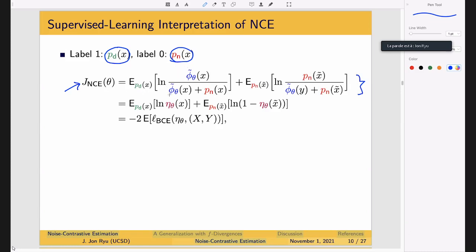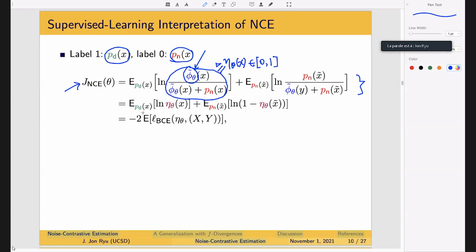And if you define eta theta x by this, which is, by the way, between 0 and 1, here phi tilde doesn't need to be normalized. It's unnormalized, still in the extended family.